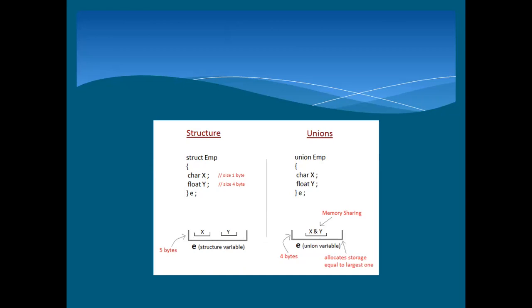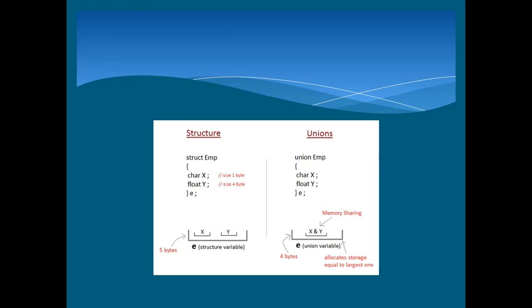For each member, a separate memory location is allocated in the structure. Whereas in the unions, they are going to allocate the member which occupies or requires the more memory. Only that much memory is allocated.